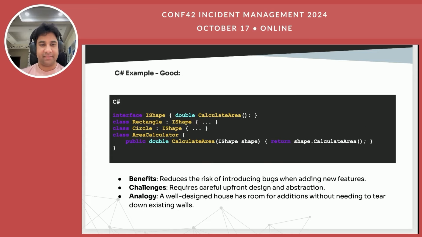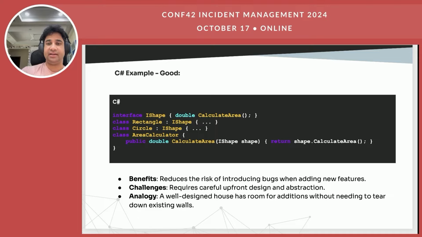And a better example would be this. So here what we're doing is breaking down the rectangle and circle into different classes and then inheriting them from an interface that has the definition of calculate area, and then each of these classes can provide its own implementation. So the area calculator takes an interface, and the interface has calculate area.